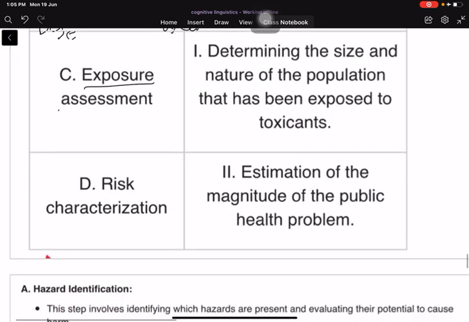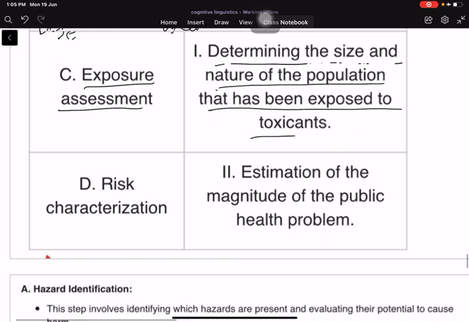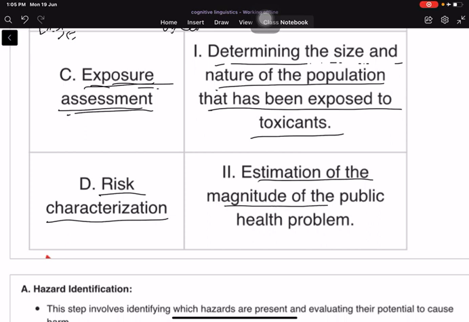Then exposure assessment, determining the size and nature of the population that has been exposed to toxicants. That's exposure assessment. And risk characterization is the estimation of the magnitude of the public health problem. That's risk characterization.